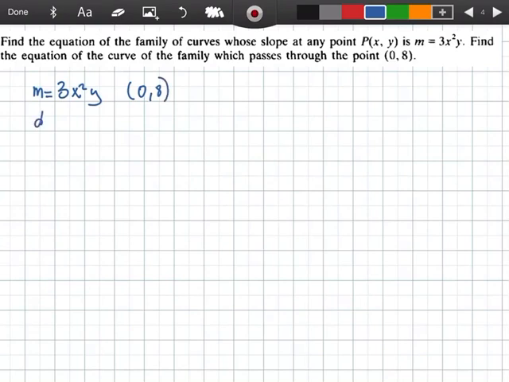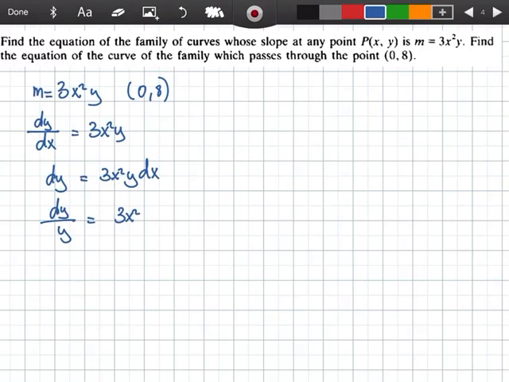So, m is dy over dx, that is equal to 3x squared y. So, dy is equal to 3x squared y dx. Let's combine: dy over y is equal to 3x squared dx.